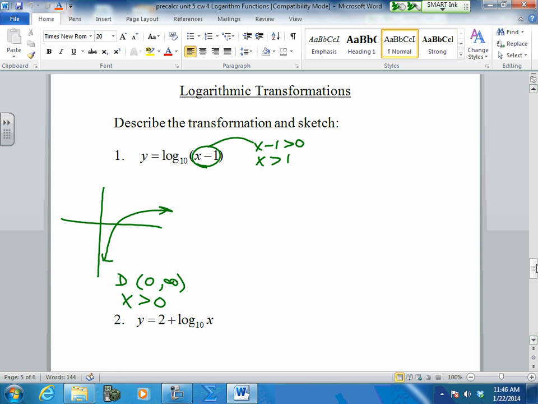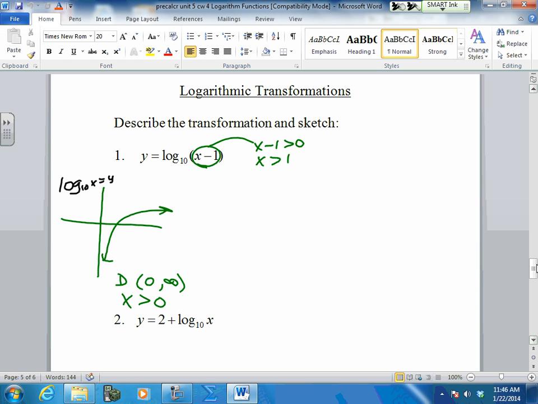You can almost see where your shift is already, right? It went from here, just moved everything over 1. Your asymptotes move as well. In this one, this basic log function, this is your parent graph. What is your asymptote in this one?